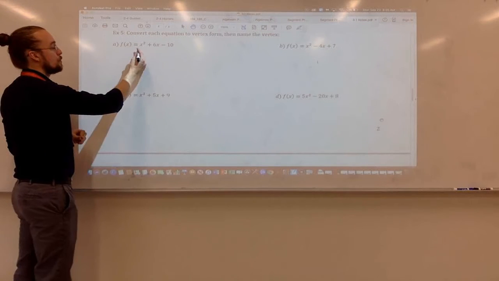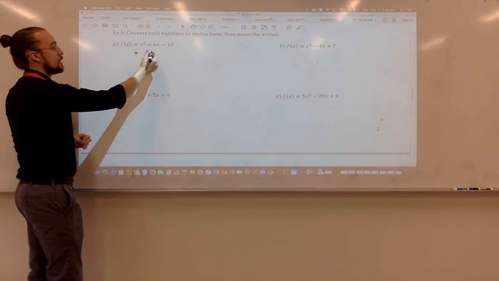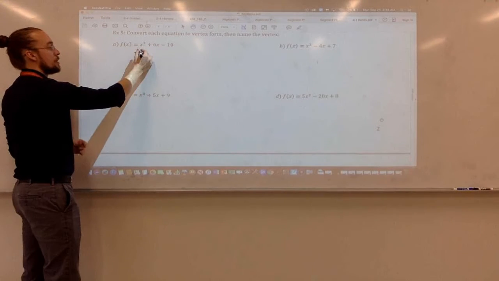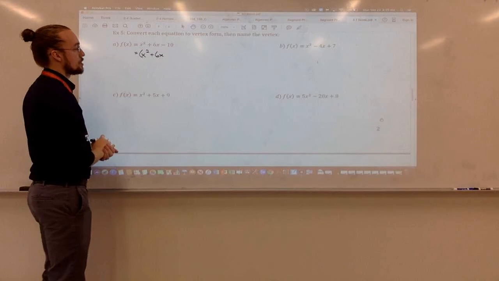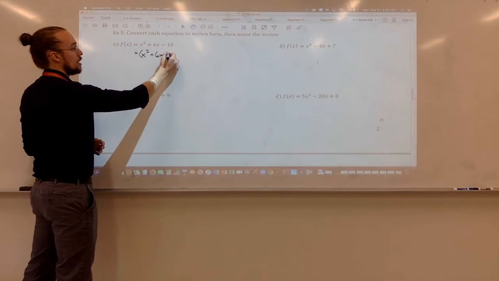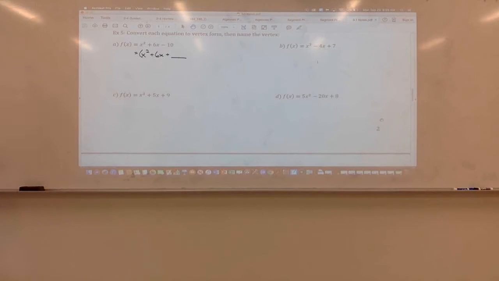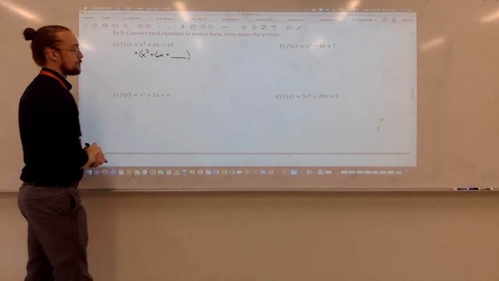What I want to do is split this up into two different parts. I'm going to take this x squared plus 6x, and then I'm going to add something to that to complete the square.